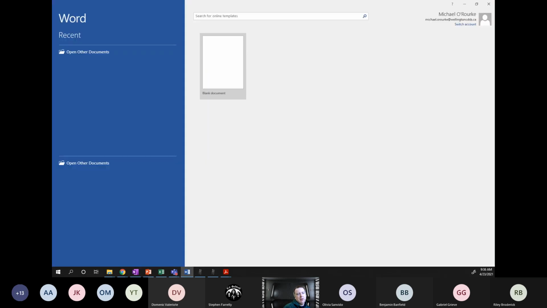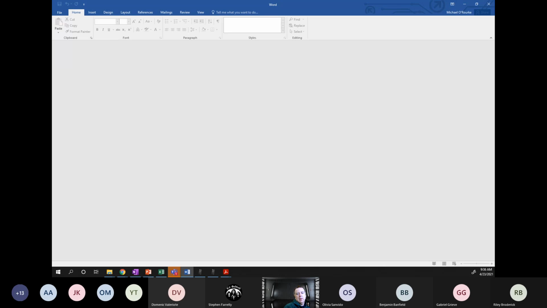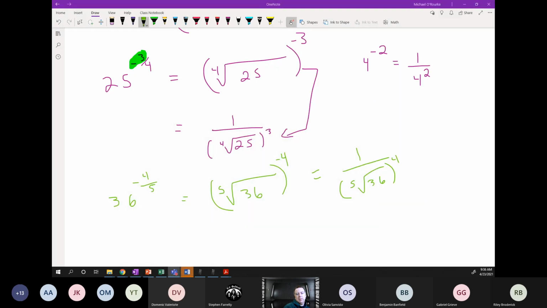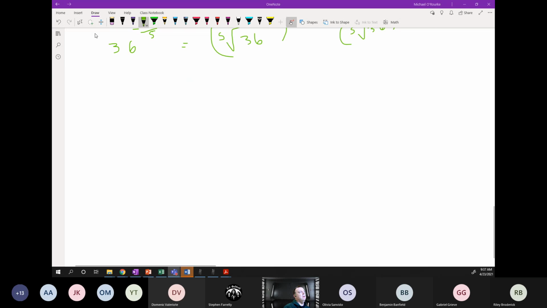How do we feel about going from exponent to a root? Pretty comfortable? So now, let's go the other way.